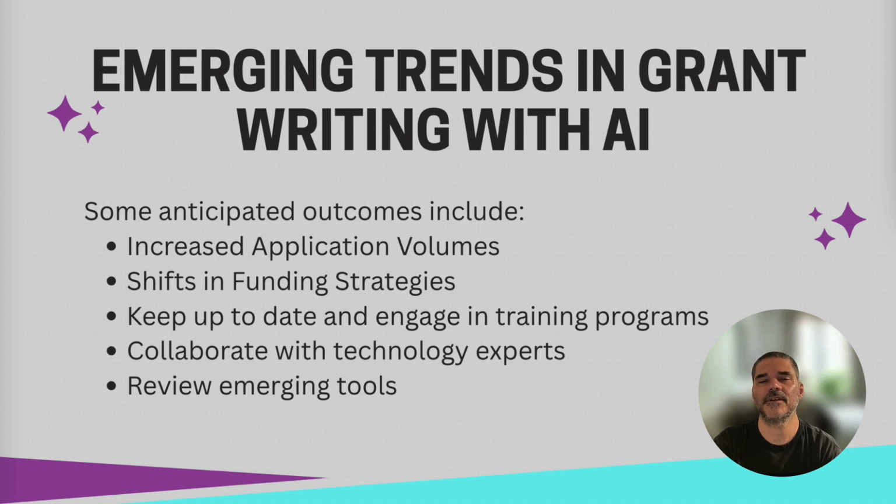So there will be increased application volumes. An example of this is one organization that I'm working with. They had 300 grant applications for their first year of a new grant that was coming out, of micro grants between 15,000 and 25,000 Canadian dollars for certain programs and projects.